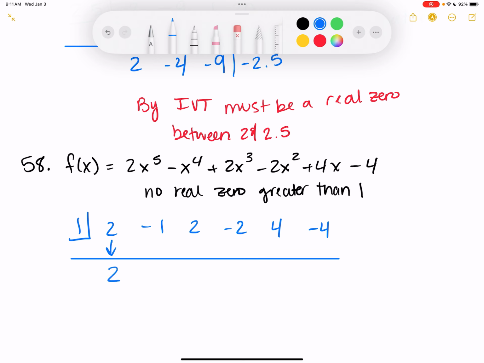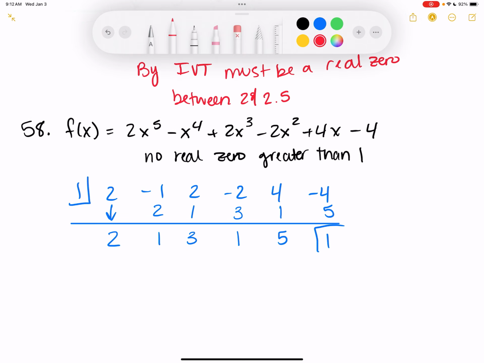So bring down the 2, times 1 is 2, minus 1 is 1, times 1 is 1, plus 2 is 3, times 1 is 3, minus 2 is 1, times 1 is 1, plus 4 is 5, times 1 is 5, minus 4 is 1. So all these numbers down here are non-negative.